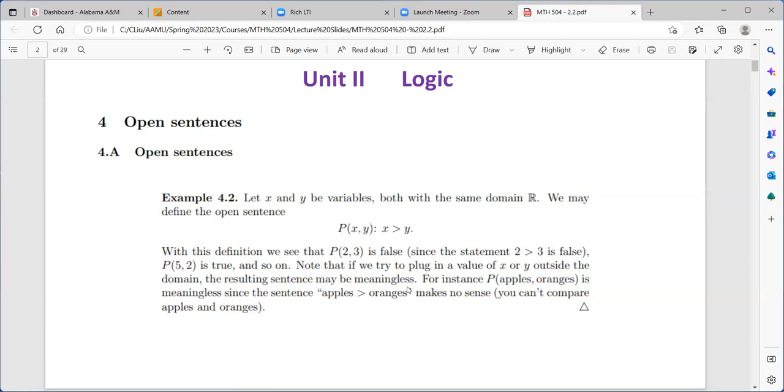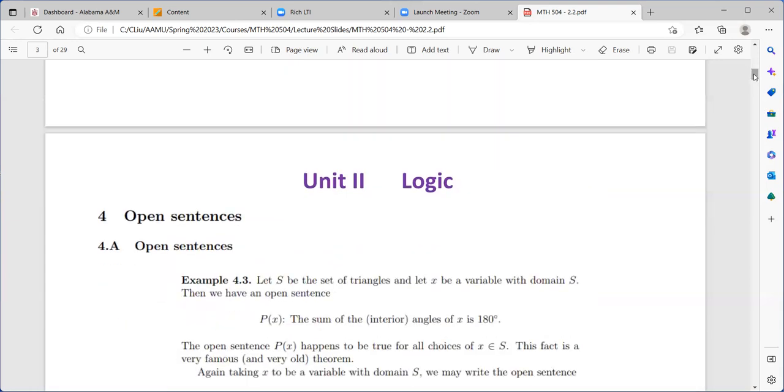For example, if you write P of apples, oranges, that doesn't make sense, because that essentially means apples greater than oranges, and you don't know what it means. Apples greater than oranges, are you talking about size, or price, or whatever? It doesn't make sense.